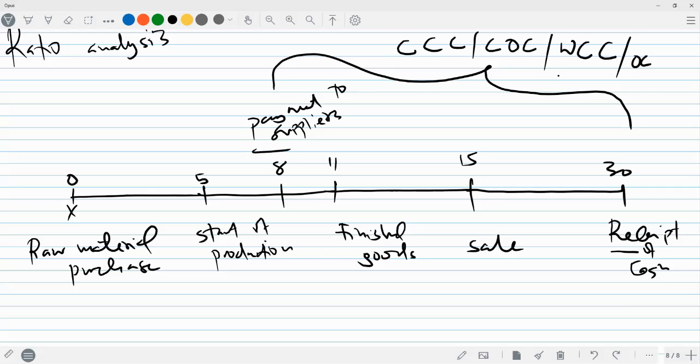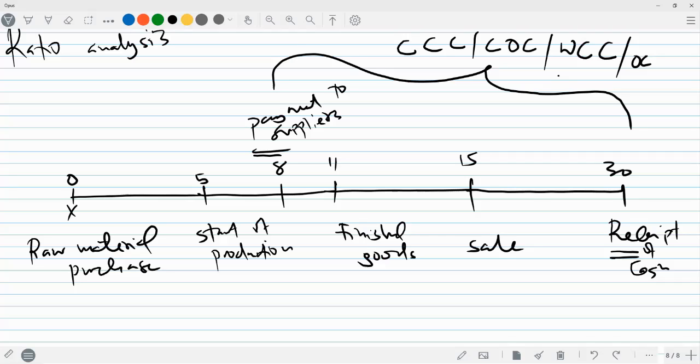It is the time difference between the time you pay the suppliers and the time you get money from the customer upon making the sale. Clear? Question? Okay, that seems to be clear.